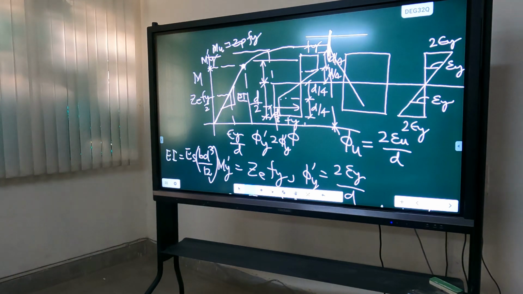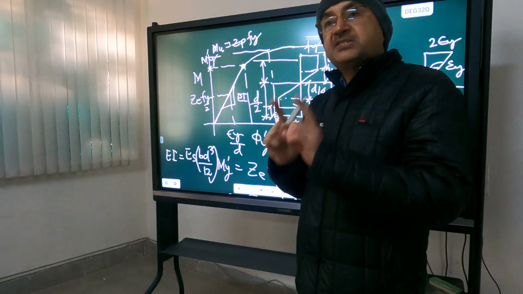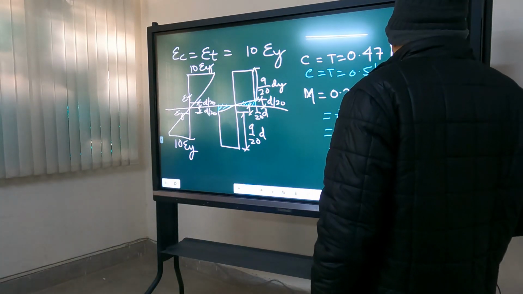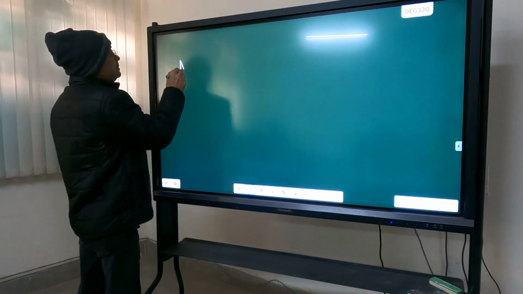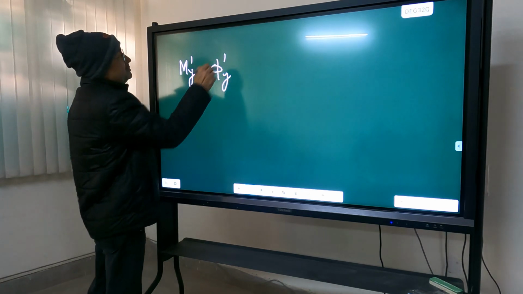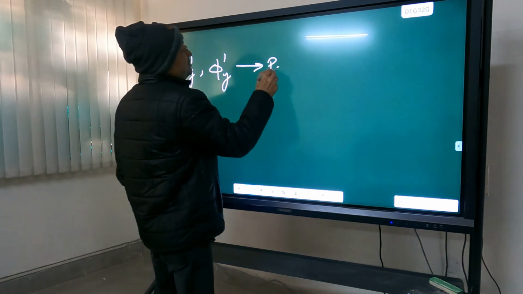Is there any such point here? So this is not the yield point. This point we call the first yield point. That's why I have not represented it by My and phi y. I have represented it by My dash, phi y dash, and this is the point of first yield.